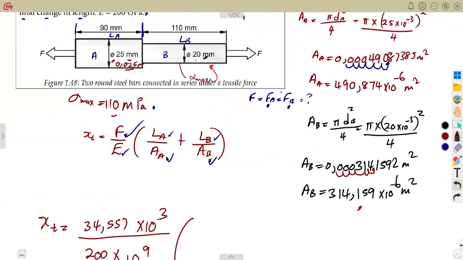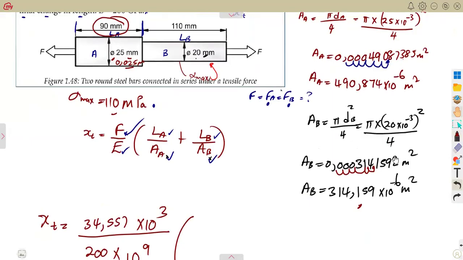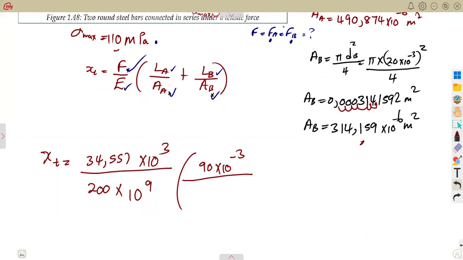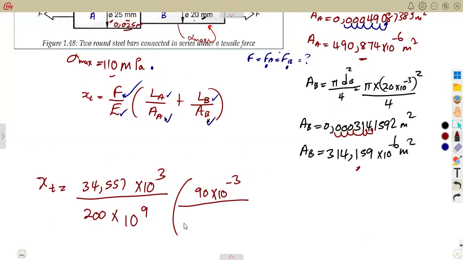The length is given already: length at A, the 90 millimeters that we are seeing there. So we have the length 90 times 10 to the exponent of -3 over the area at A. The area at A, we calculated this. It was 490.874 times 10 to the power of minus 6.